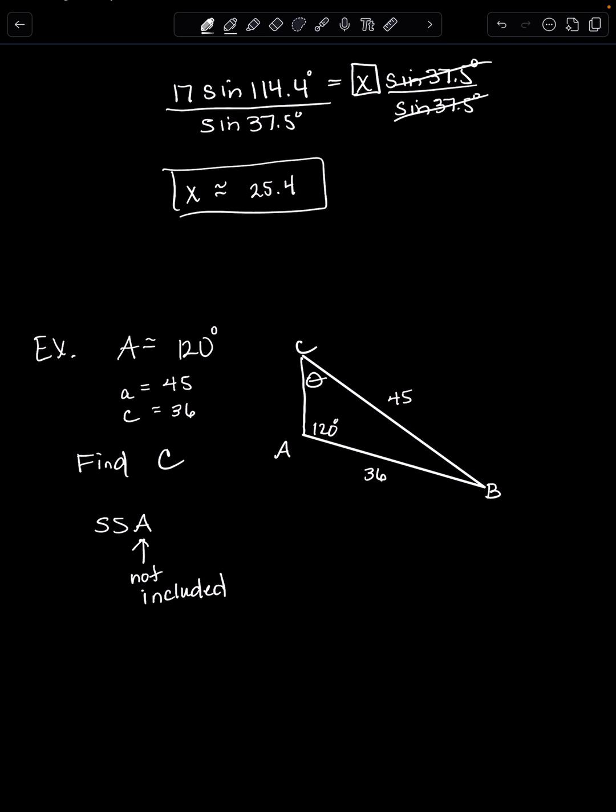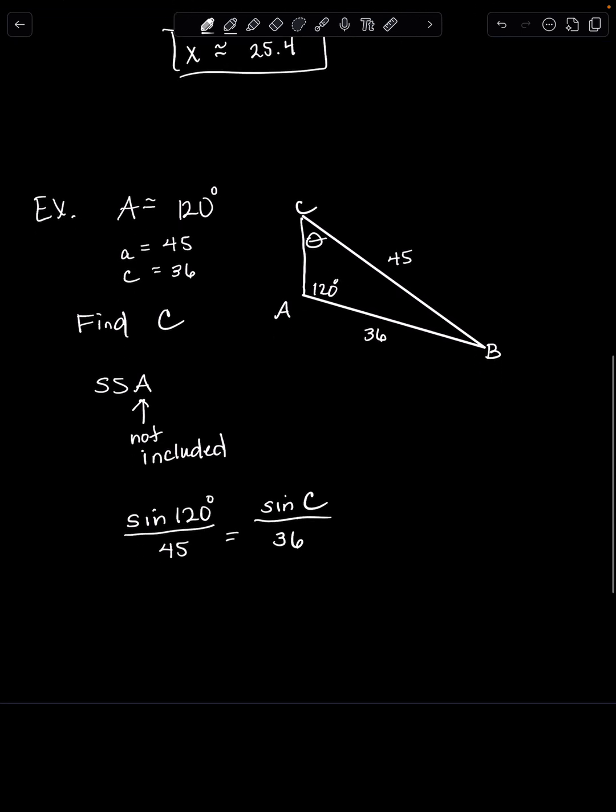So my proportion: I've got a ratio of sine of A, 120, over side A, 45, has to equal the sine of C, which is what I'm looking for, over 36.